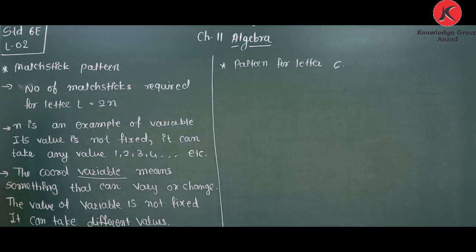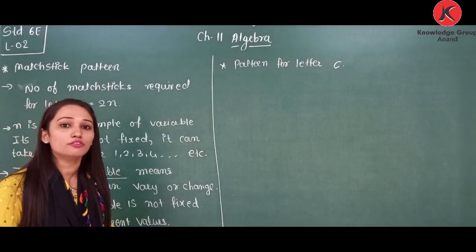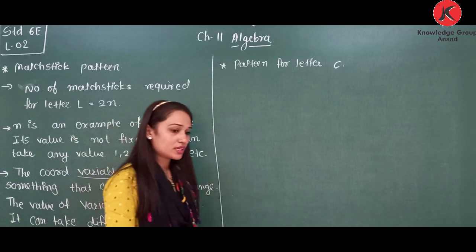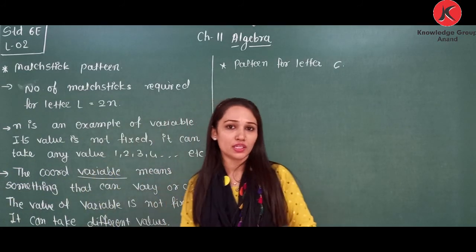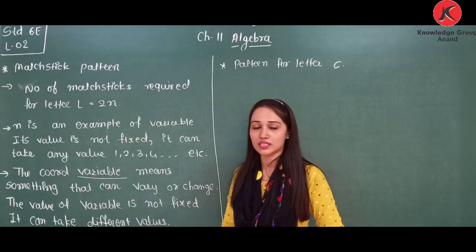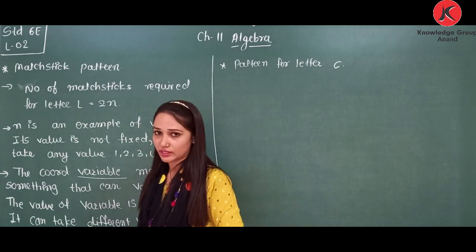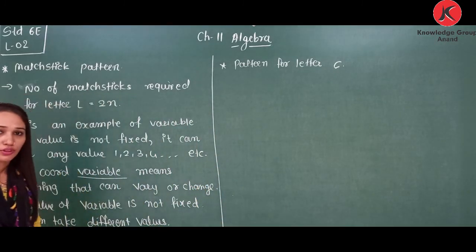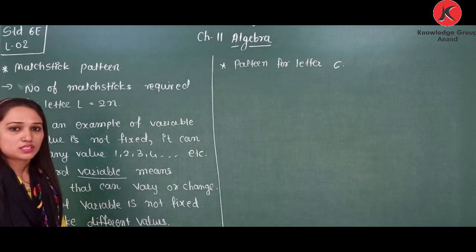And in the previous video we already learned one method in which we find the pattern for letter L. Yesterday we learned how to generate a pattern for L. How many matchsticks are required for one L? That is 2 matchsticks. For 2 L we need 4 matchsticks. For 3 L we need 6 matchsticks.